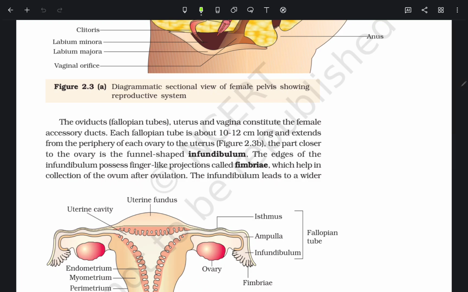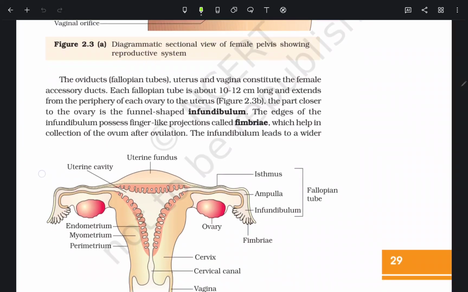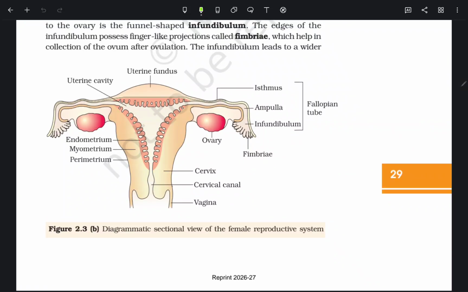Each fallopian tube is about 10 to 12 centimeters long and extends from the periphery of each ovary to the uterus. The part closer to the ovary is the funnel-shaped infundibulum. The edges of the infundibulum possess finger-like projections called fimbriae, which help in collection of the ovum after ovulation.